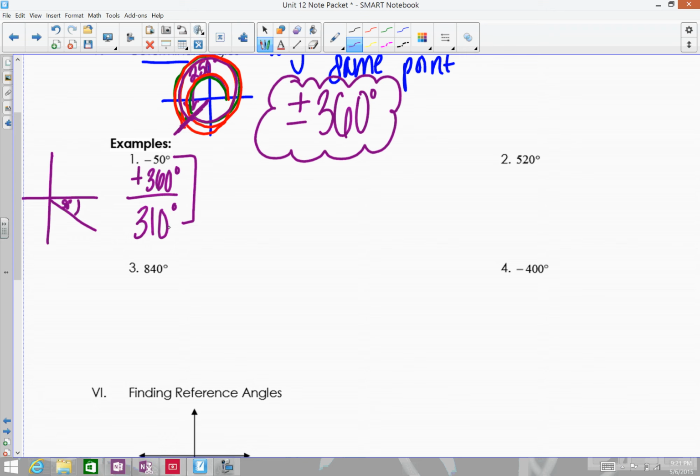But if I do 310, I'm going the opposite direction all the way until I get to 50 degrees less than 360. So this would be my 310. These two angles are coterminal because they both end in the exact same spot.